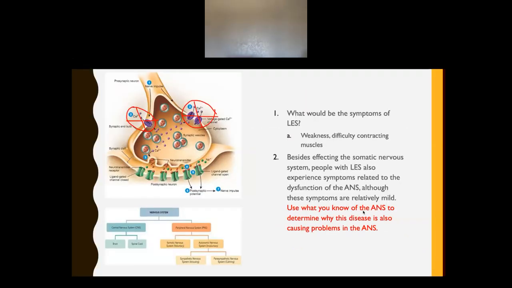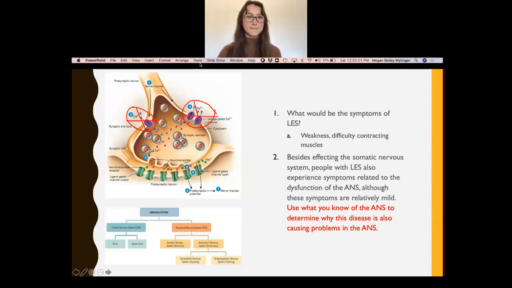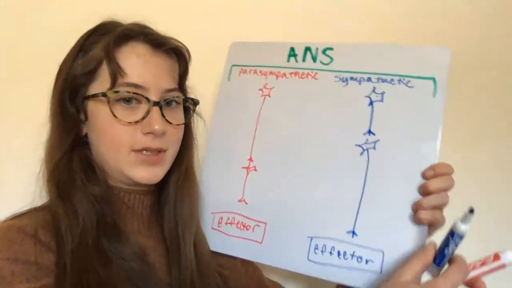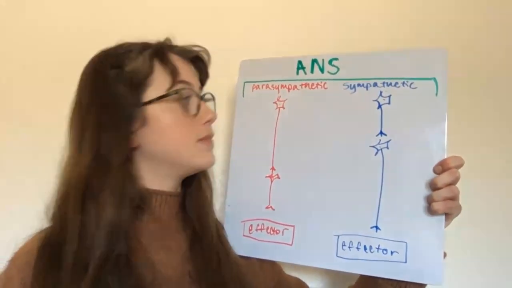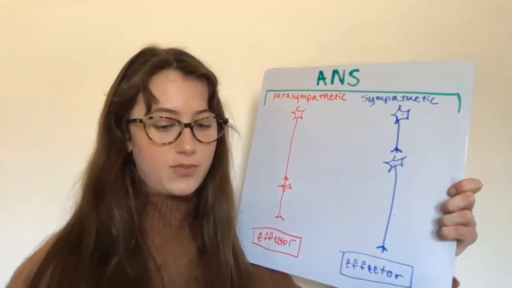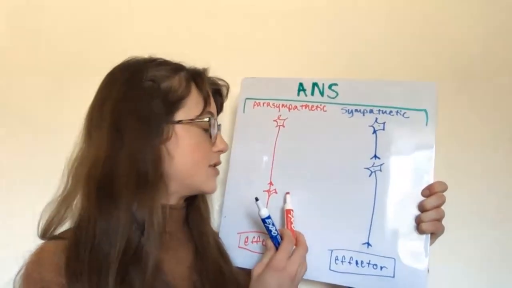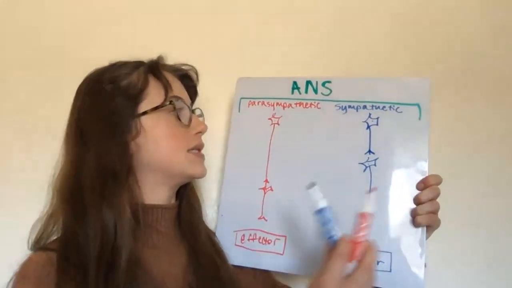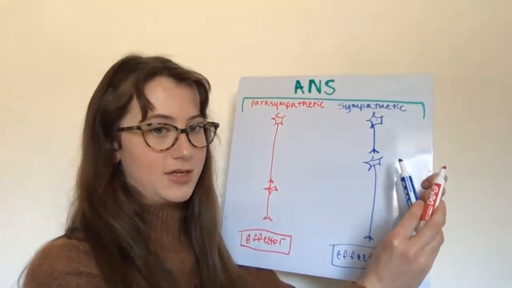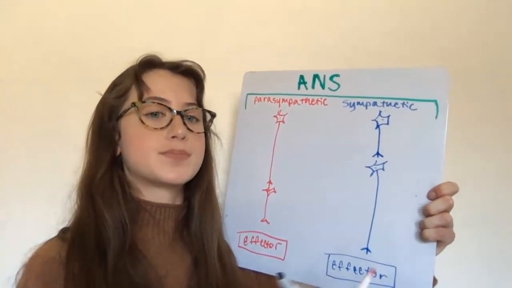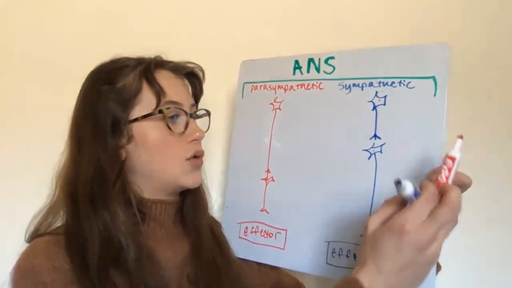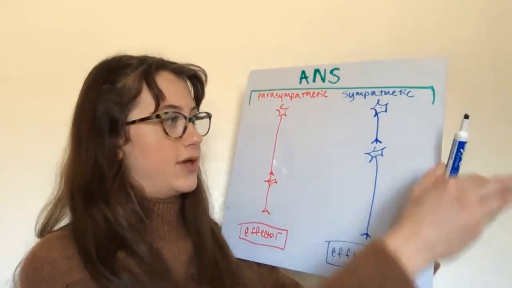What do we know about the autonomic nervous system? We know that within the autonomic nervous system, we have a parasympathetic branch and the sympathetic branch. Parasympathetic is going to be that long presynaptic neuron, short postsynaptic neuron. Sympathetic, short presynaptic neuron, long postsynaptic neuron. So what neurotransmitters are we working with here?